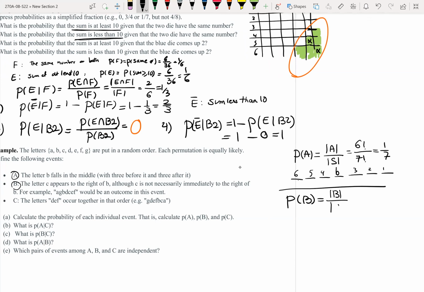How many cases? 1, 2, 3, 4, 5, 6, 7. If your B is sitting over here, letter C appears to the right side. Sorry, B can't be here. One example is B, D, and then C. So B and then C, not right after. Okay, so those are the cases we can have.